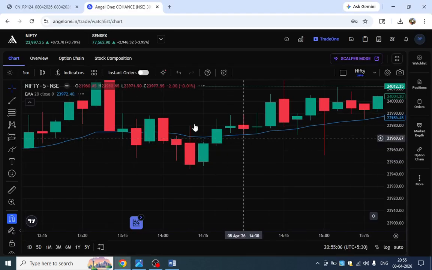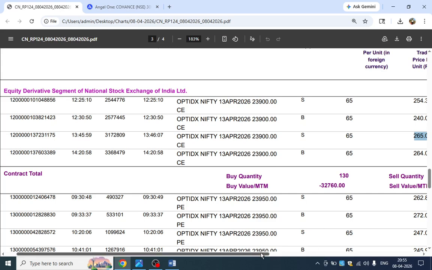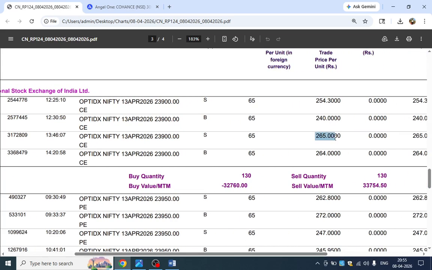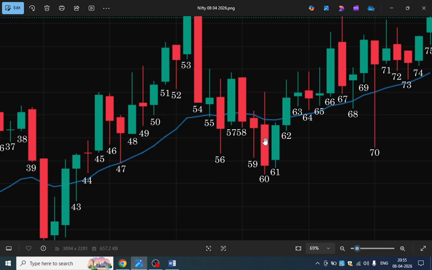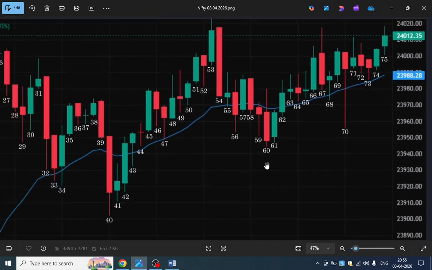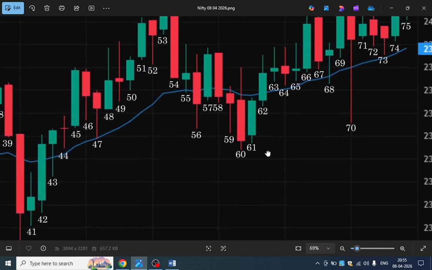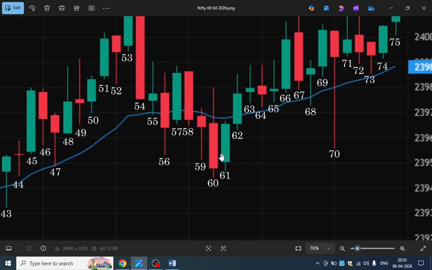As you can see, at 265 rupees I took the call, and at 264, at break even, I got out of this call, because after this red bar, I was thinking that 100% the price will go down, but that didn't happen, and as you can see, bar 61 and 62 has formed.